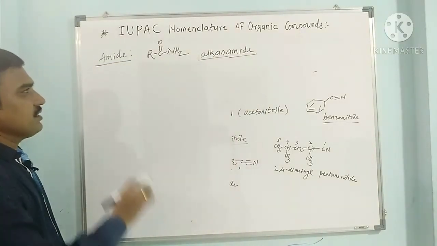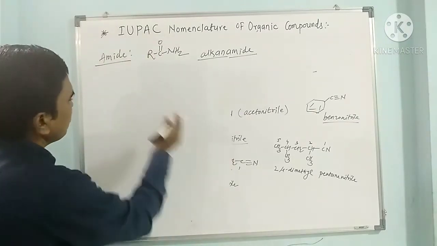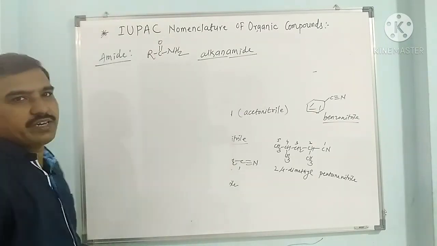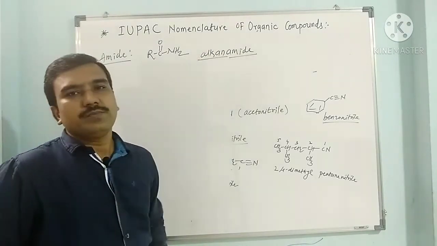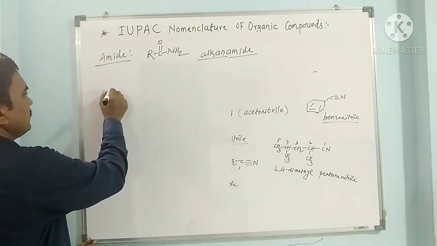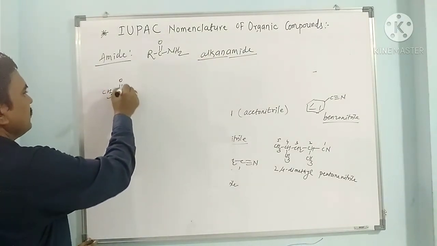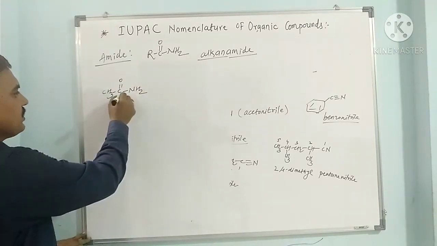Alkanamide. Count the number of carbons, starting from the carbonyl carbon of the amide. Then select the corresponding parent hydrocarbon alkane and attach the suffix amide to this. See the example CH3CONH2. Always give the first number to the carbonyl carbon.